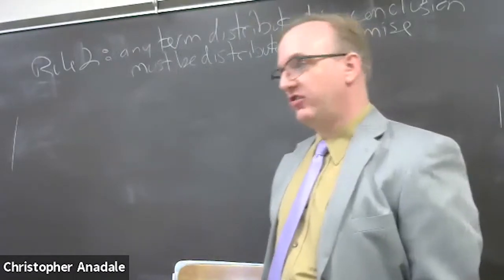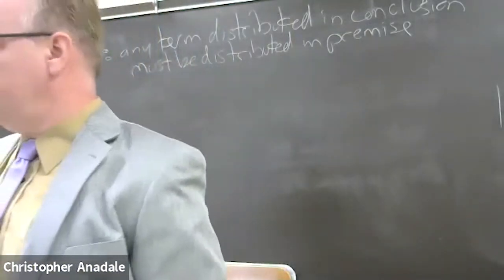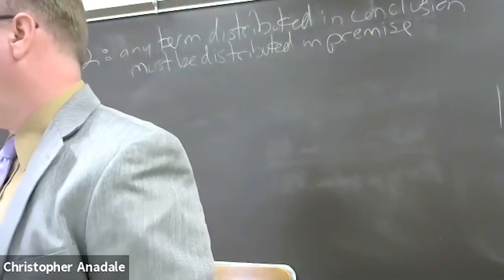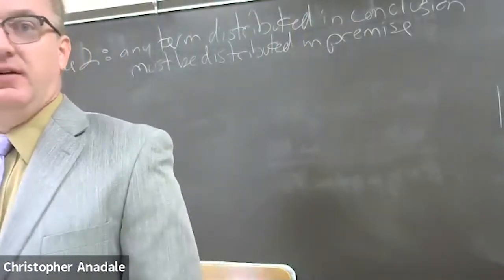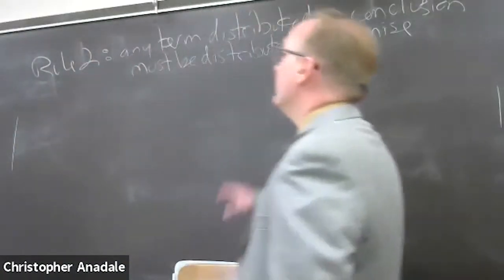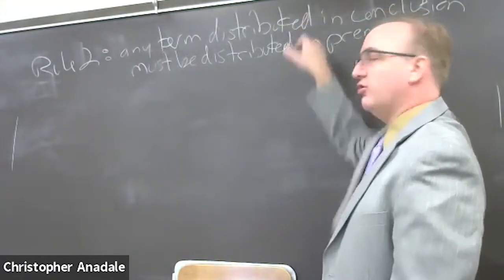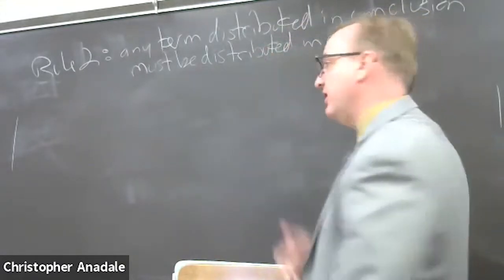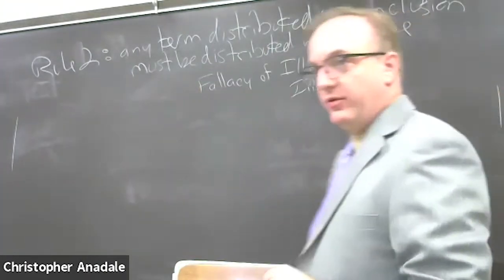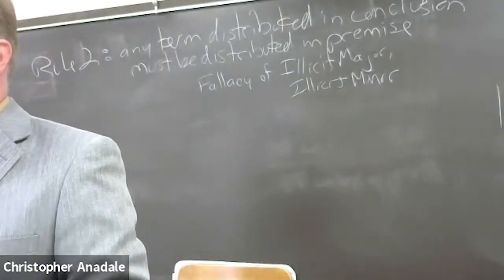If the conclusion makes a distributed claim, one of the premises has to have made that deposit in the bank of a distributed claim about that particular term in order to justify that claim. If we don't have the premise distributing the term that's distributed by the conclusion, we have an invalid syllogism. The fallacy here is called the fallacy of illicit major or illicit minor, depending upon whether it's the major or the minor term that's affected in this case.